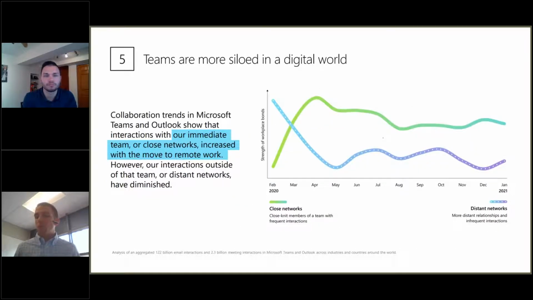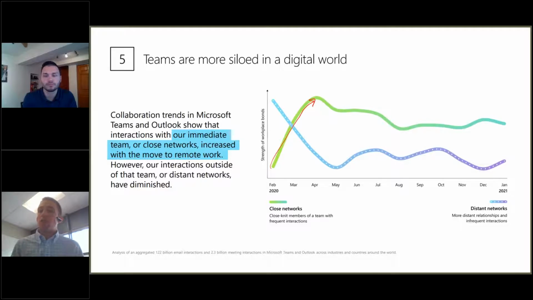And then also, and this is particularly relevant for exploratory work, and for work that's tied to new employees or people that we haven't normally interacted with, when the pandemic hit, our close networks, meaning people we interacted with a lot, rose dramatically by digital means.